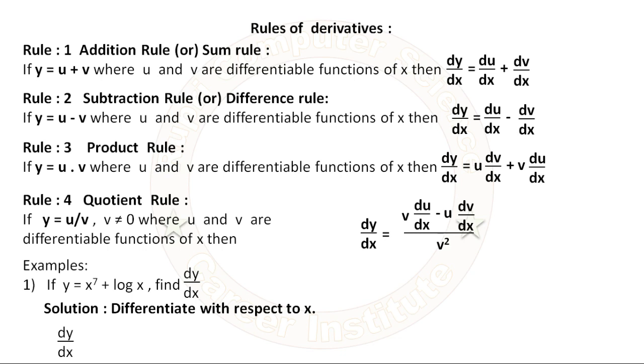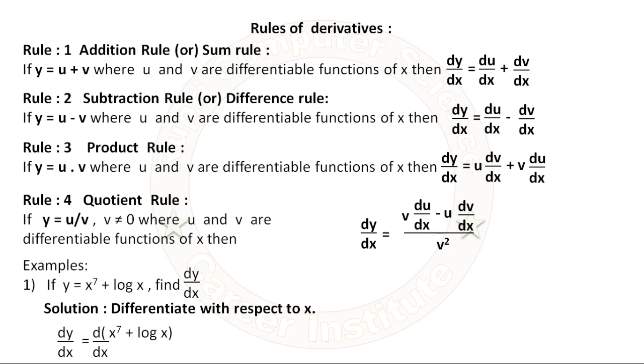Dy upon dx is equal to d upon dx of x raised to 7 plus log x. Now see, this is a function in the form of u plus v.